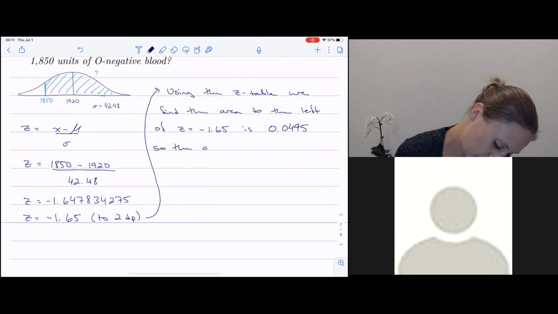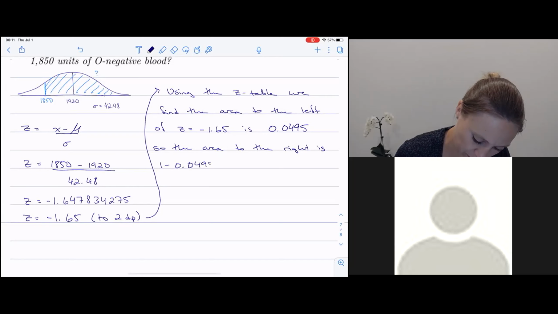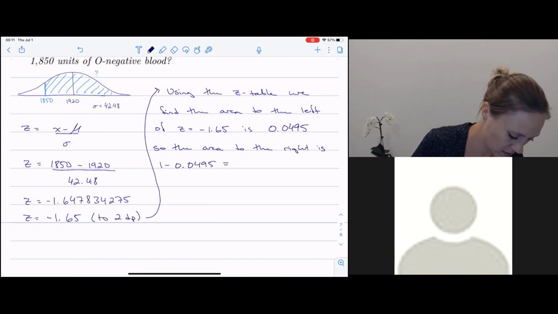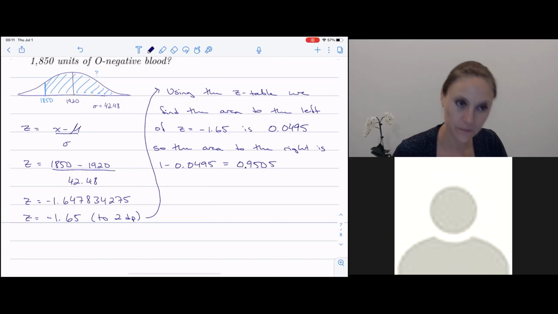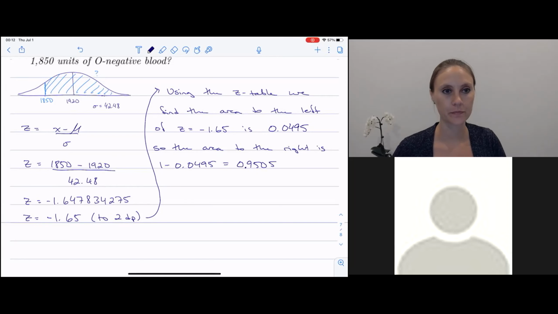So the area to the right is 1 minus 0.0495, which is 0.9505. Nice.